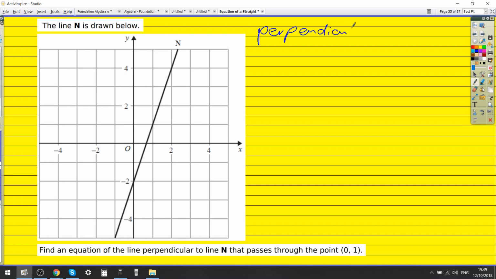So the perpendicular of m is the negative reciprocal, so it's minus 1 over m. You basically change the sign and flip the fraction. The two have to multiply to make minus 1, basically. Okay, so let's try it.